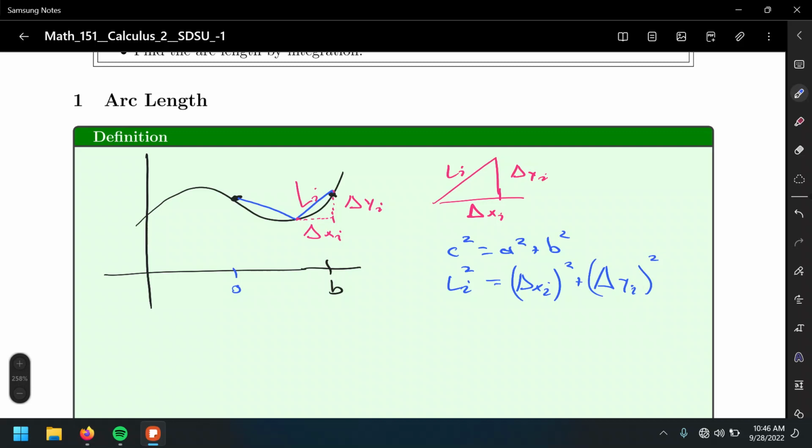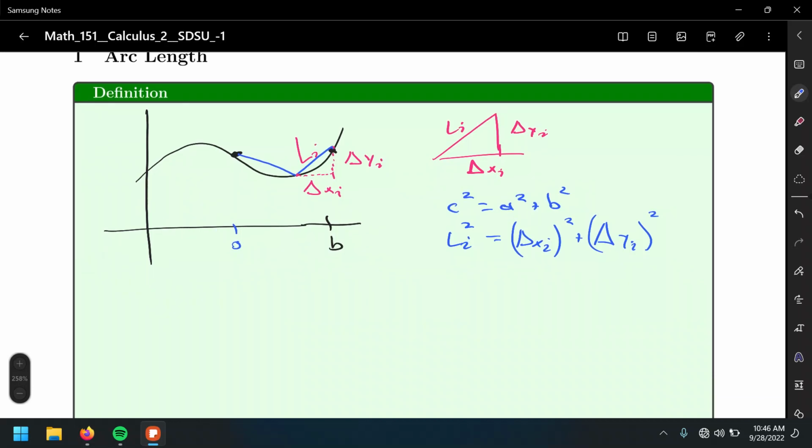We want to solve for L sub i because we want the arc length L. So in this case, L sub i equals the square root of delta x sub i quantity squared plus delta y sub i quantity squared. All right? In essence, this is what we're going to use as a starting point to derive a formula to find the arc length given a function f of x.